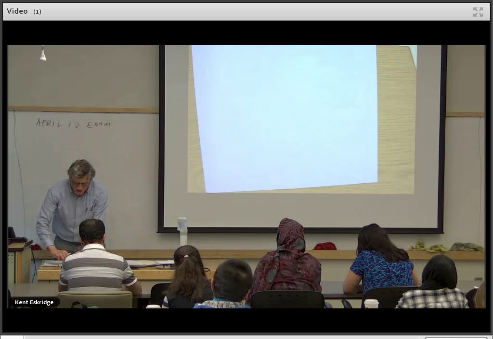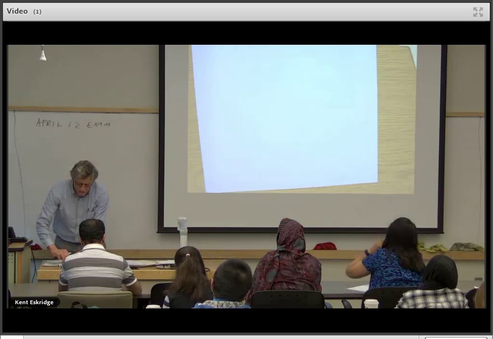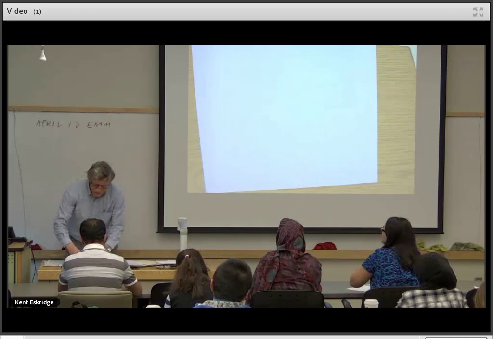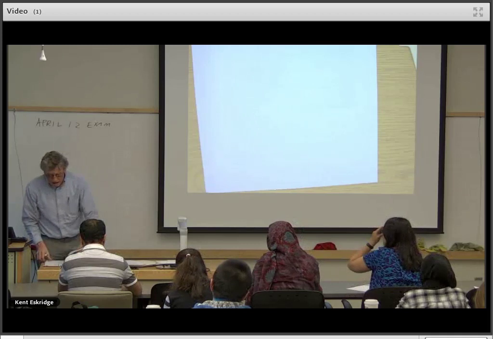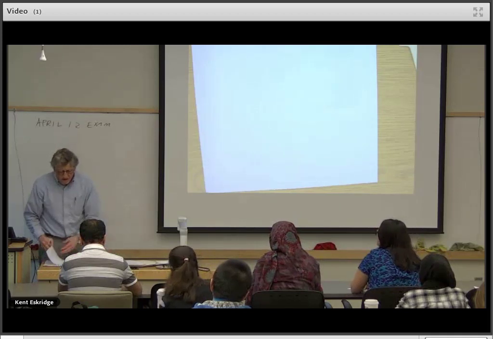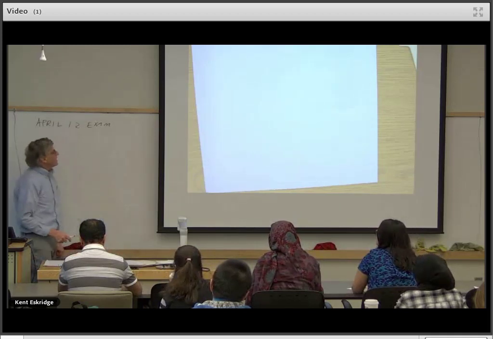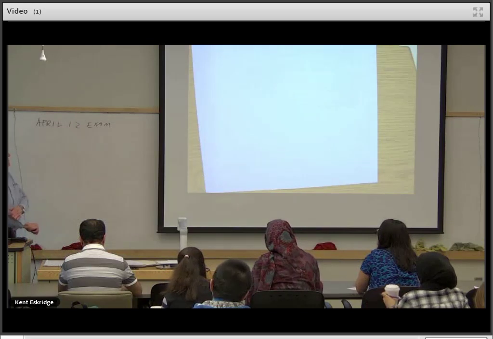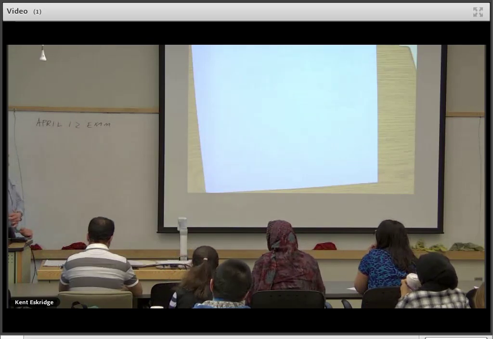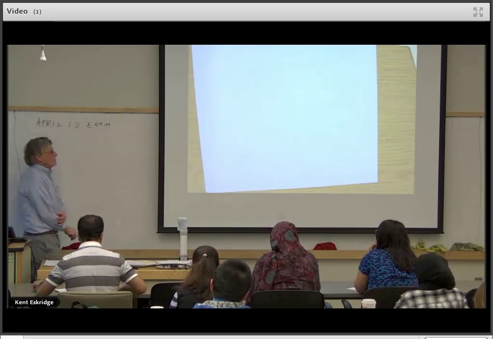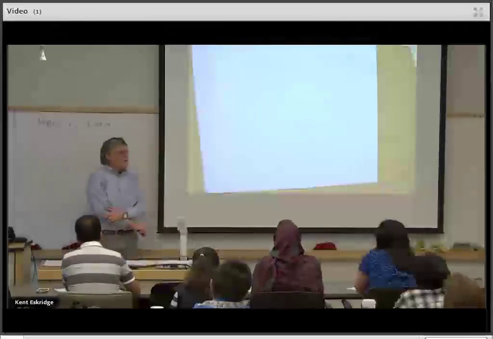Okay, so last time we started talking about the analysis of incomplete block designs. And before we really get into the analysis, there's two ways to analyze data from incomplete block designs. One is assuming blocks are fixed. That's called the intra-block analysis.